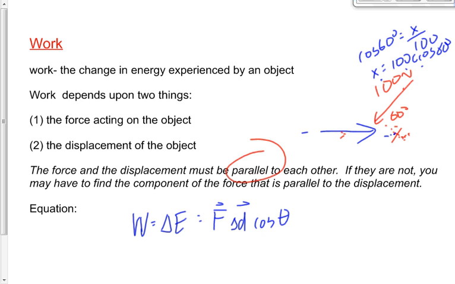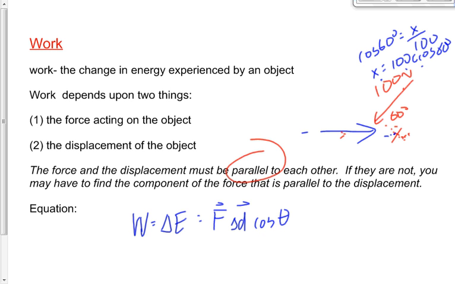What's the angle that's as far away from 180 as it could possibly be? Well, 360 actually would work because it's the same thing as saying 0, right? If I push it in a way that it moves, that's a 0-degree angle. If it's moving to the right and I push it to the left, that's 180. Either way, cosine 0, cosine 180 is either 1 or negative 1.